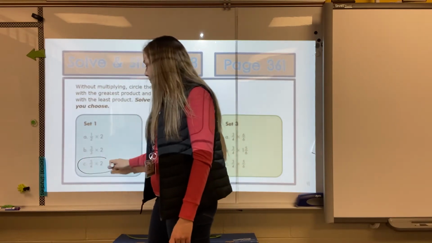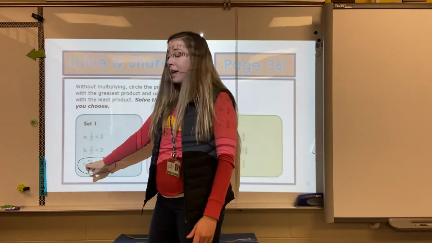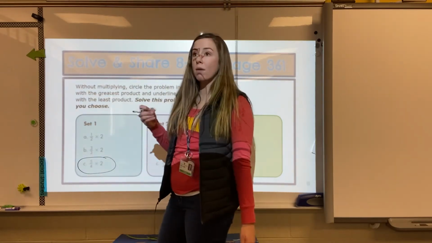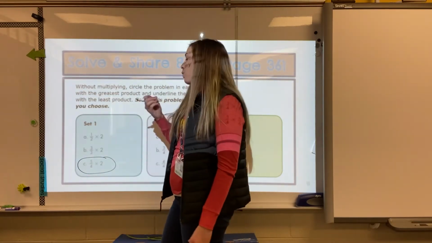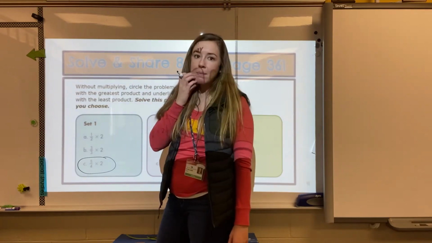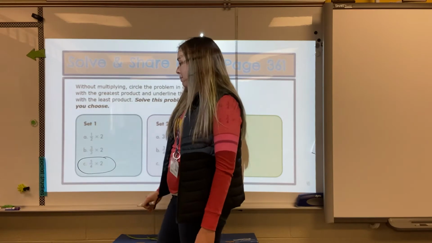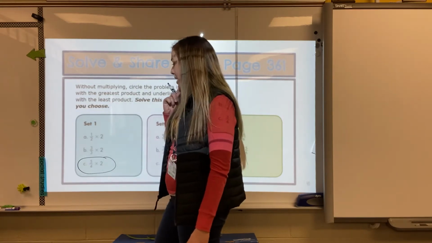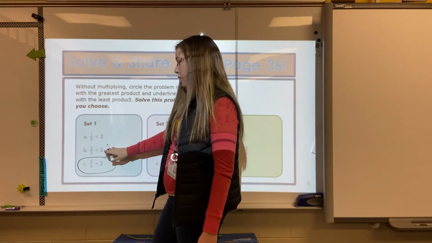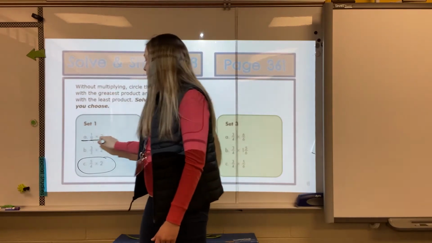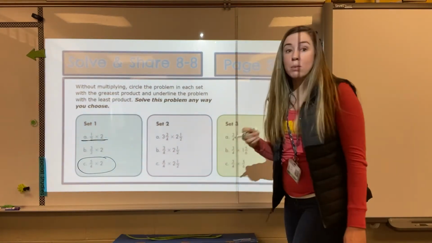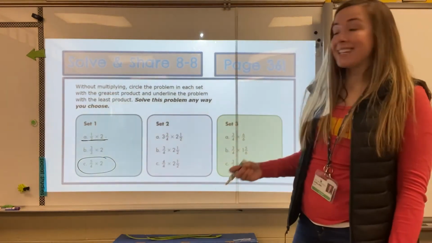So this is going to be my biggest answer because it's an improper fraction. That's really 1 and 1/4. 1 and 1/4 and 5/4 are just the same thing renamed in a different form. So I know this is going to be my biggest product, and then this is going to be equal to 2. This will be less than 2 because I'm finding half of it. I'm multiplying it by a number less than 1.